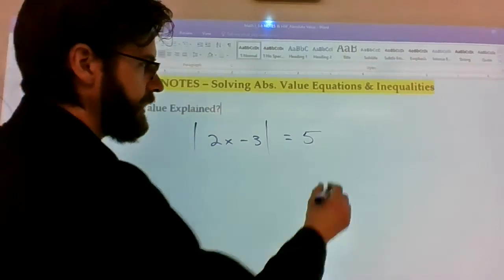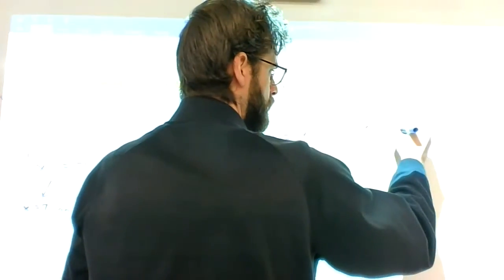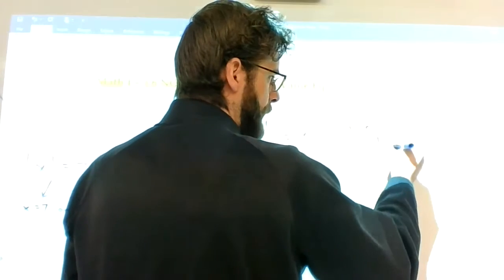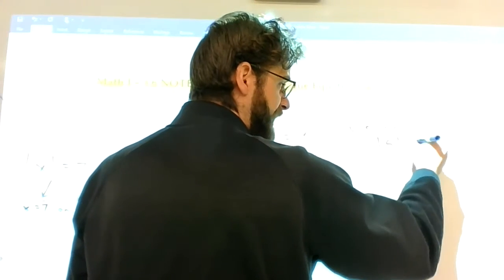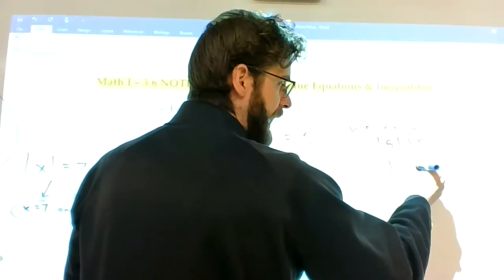Well, we know the absolute value of positive 5 equals 5, and we know the absolute value of negative 5 equals 5, right?